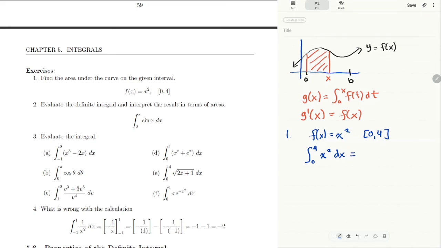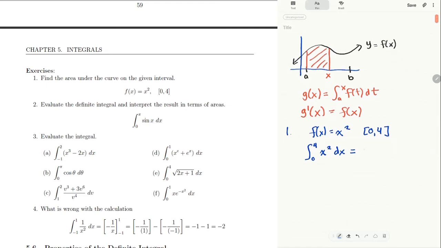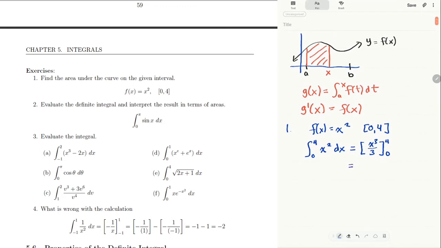And by the fundamental theorem of calculus, we can evaluate this definite integral by finding the antiderivative. So the antiderivative of x squared is x cubed over 3. And then we evaluate this antiderivative at the endpoints, so at 4 and at 0. We always evaluate the antiderivative at the upper limit of integration, and then we subtract the lower limit of integration.